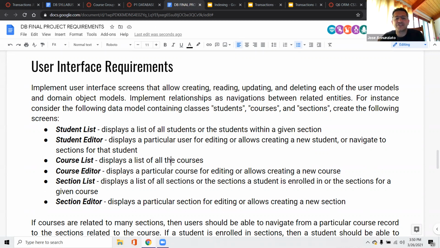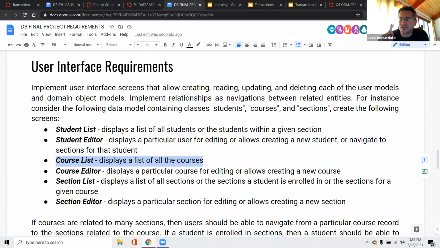Course list displays all the courses. Notice that courses don't belong to anybody. If we had departments here, then yes, we would be able to navigate from departments down to the courses, but we don't have departments. That's okay.